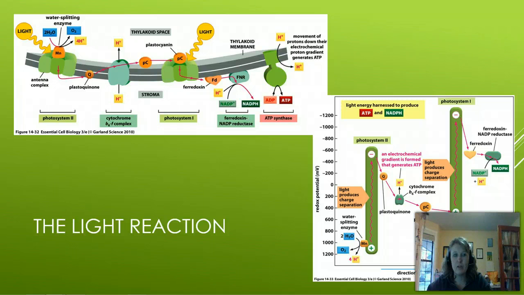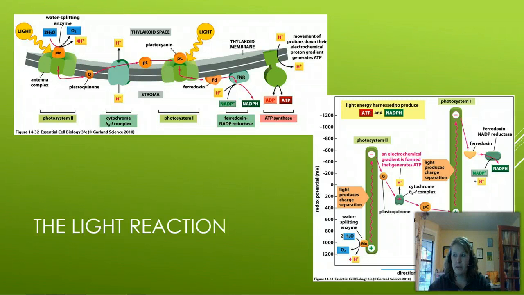Now it's important you get your nomenclature right here because we start with photosystem 2, transfer the electron through the cytochrome B6F complex to photosystem 1. So we start with photosystem 2 and we go to photosystem 1, where the light will re-energize those electrons and allow for the generation of NADPH. Now because of the proton pumping that we've done, we then have ATP synthase that will generate that ATP.